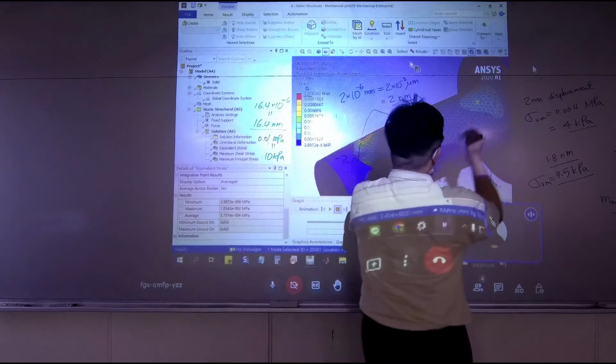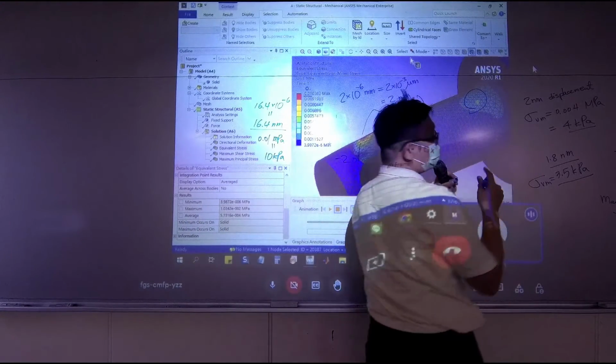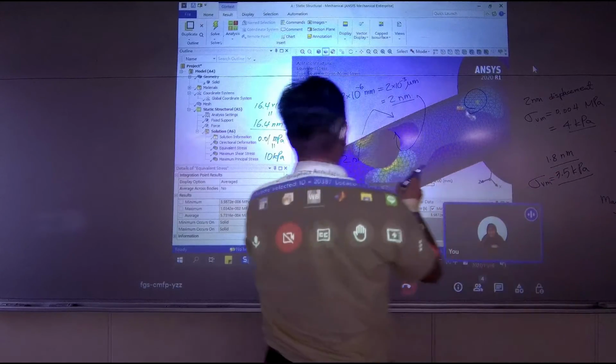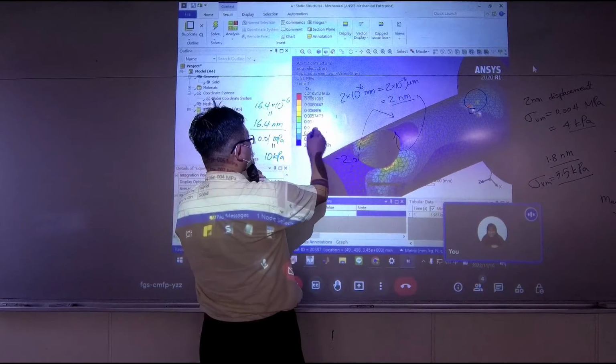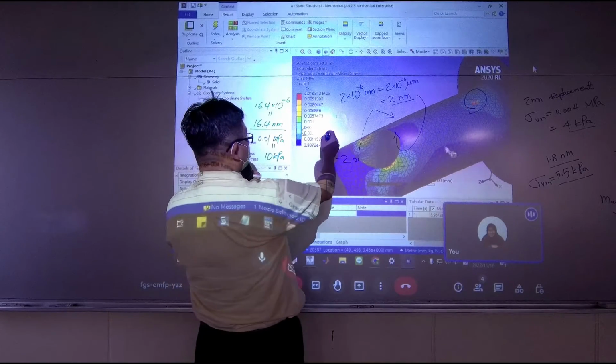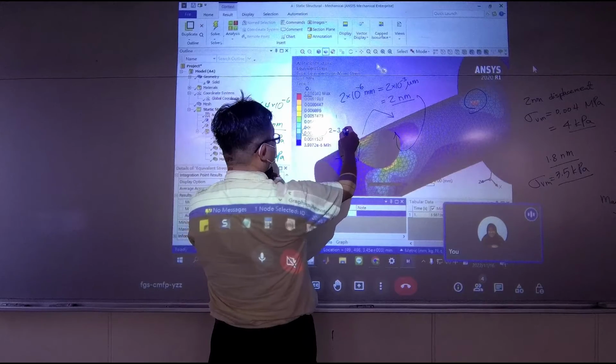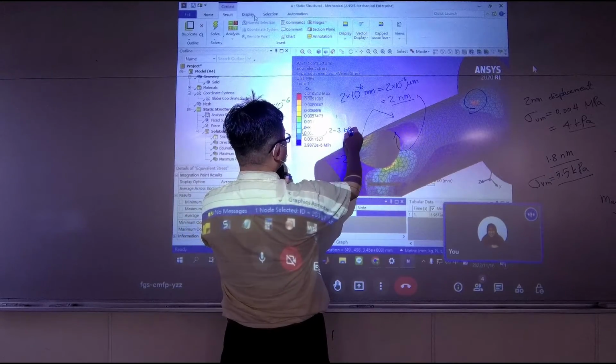So if you check this area, this is where we had the largest stress, and the stress level is around this region, between 2 to 3 kPa.